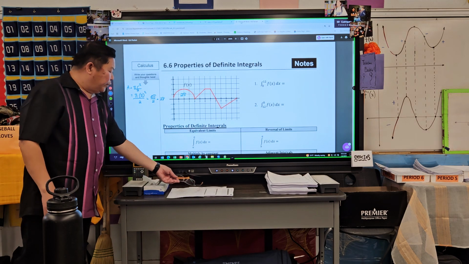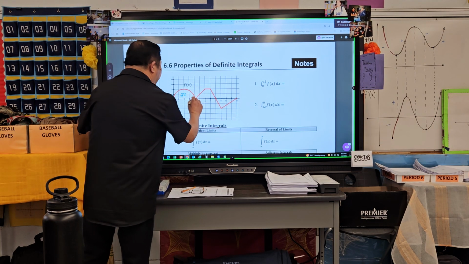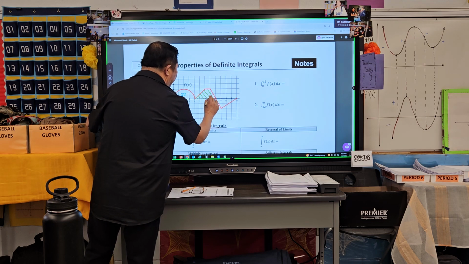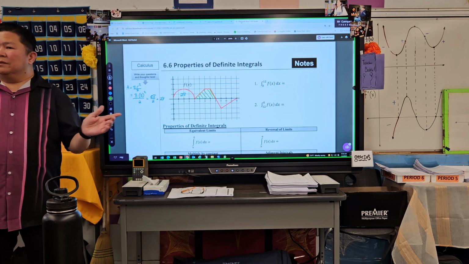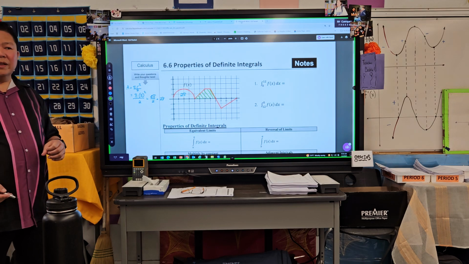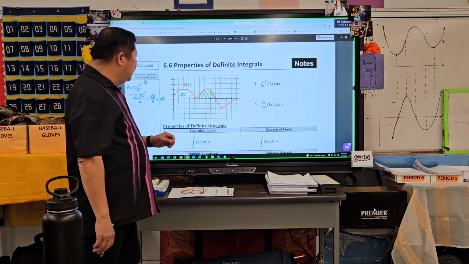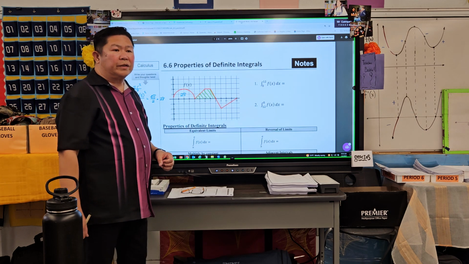Next, we're gonna have the area of the next one. We are doing the area of this, and this is a trapezoid, right? You know what a trapezoid is? Base 1 plus base 2 over 2 times the height. What's base 1 right here? 1, 2, 3, 4. 4 units, right?